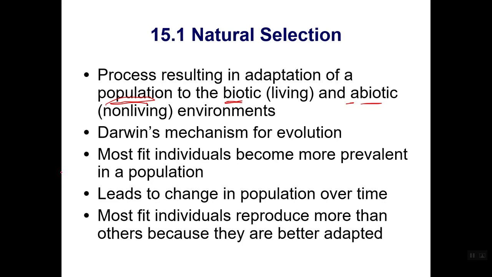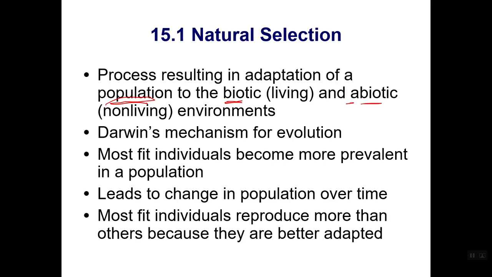Okay, so this process of natural selection, where a population adapts to the living and non-living aspects of its environment, was Darwin's mechanism for evolution. In his ideas, the most fit individuals become more prevalent in a population, because the individuals that have the most fit genes, and therefore the most fit traits, are more likely to survive and more likely to reproduce than those that don't.